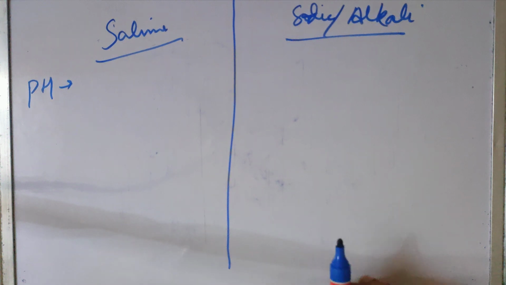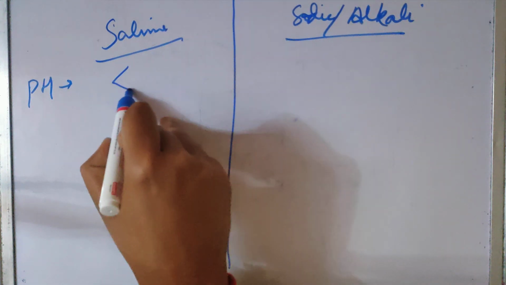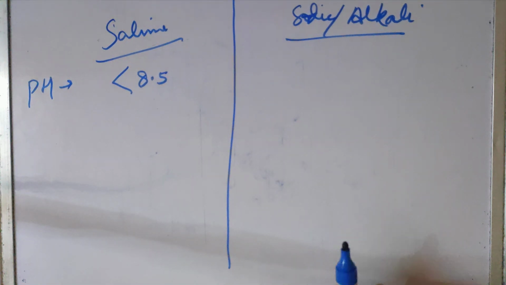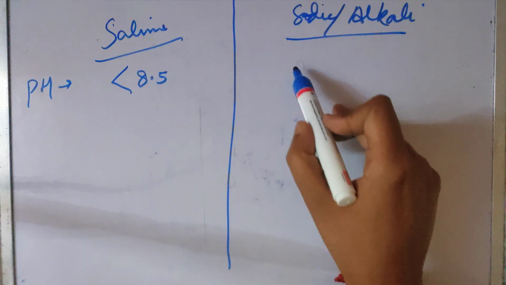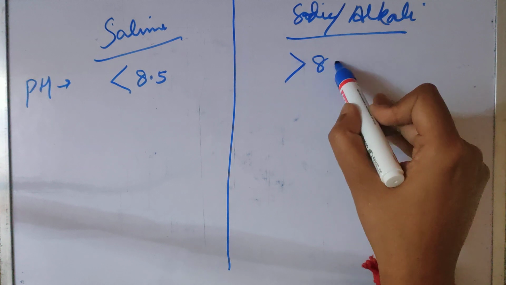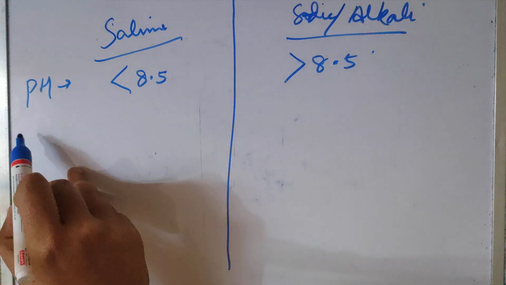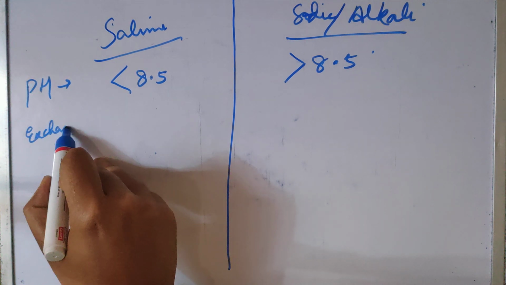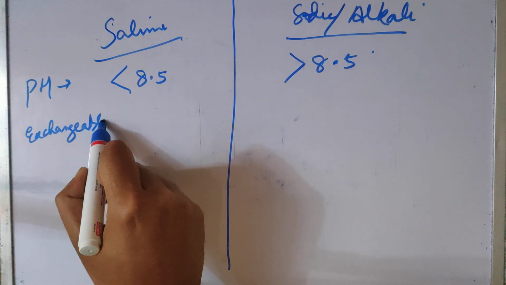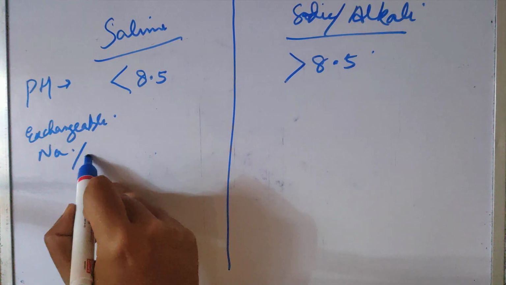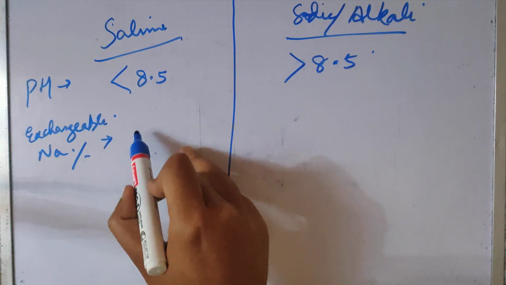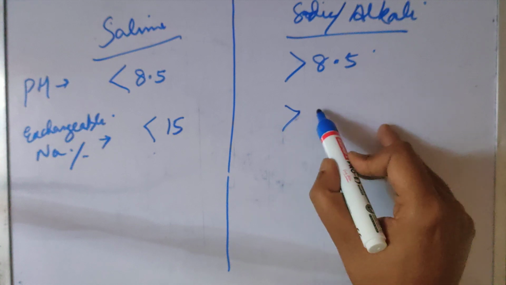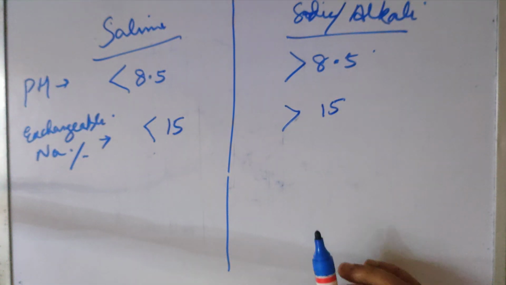The pH of saline soil is less than 8.5, whereas the pH of alkali or sodic soil is more than 8.5. Moving on, exchangeable sodium percentage. It is less than 15 for saline soil, and for sodic soil it is more than 15.